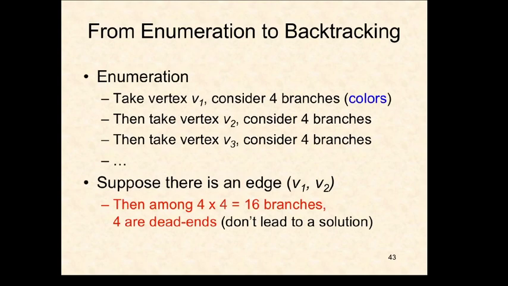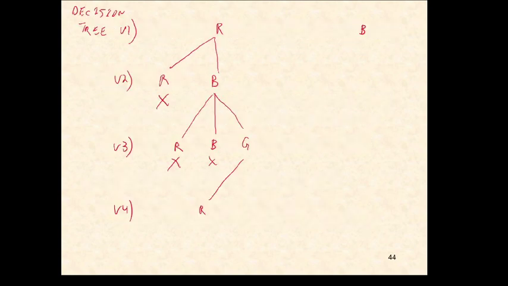Okay, so suppose that there is an edge V1, V2, among those 16 branches, remember? V1 would be colored red, blue, green, or orange. Then for each of those, I would color vertex 2 red, blue, green, or orange. And some of those are going to be dead ends, like our red followed by red was a dead end.